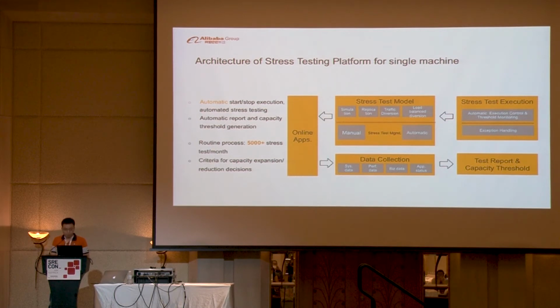So, the monitor module of the platform is very important. Stress test will stop immediately when the system indicator exceeds the threshold. After every stress test, we will generate a test report.